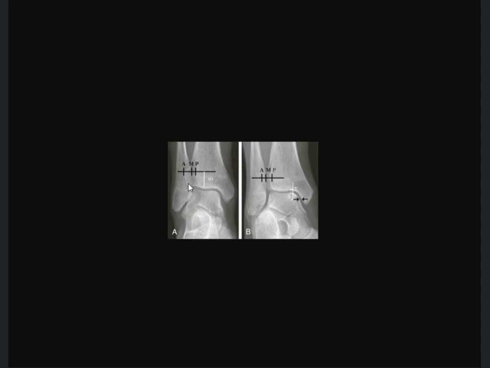So normally during this AP view, the recommendations would be at least more than 10 millimeters of overlap, or normally more than 6 to 10 millimeters. I typically was taught about 50% of overlap usually shows that there's no concern for distal tibiofibular ligament injury. And then on the mortise view, there should be at least 1 millimeter of overlap.